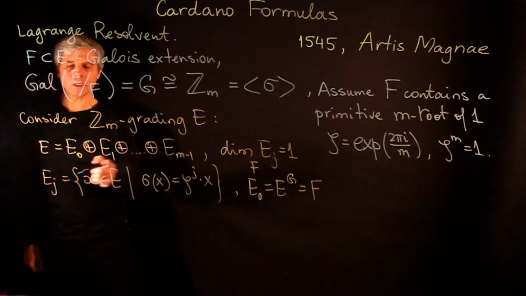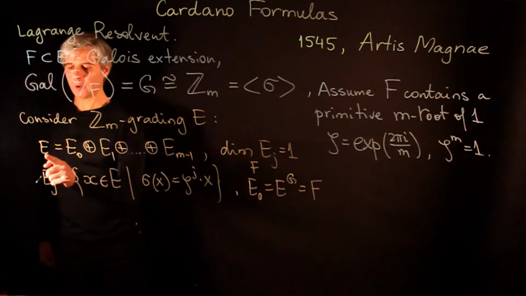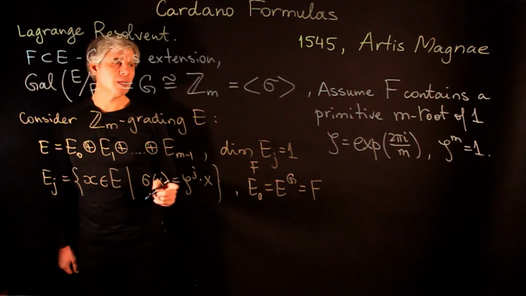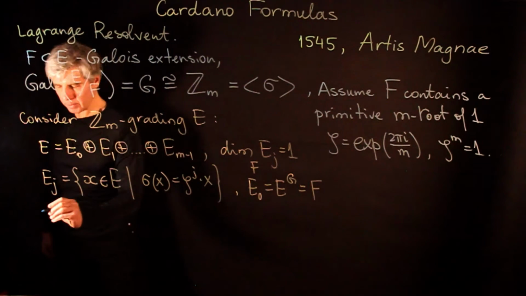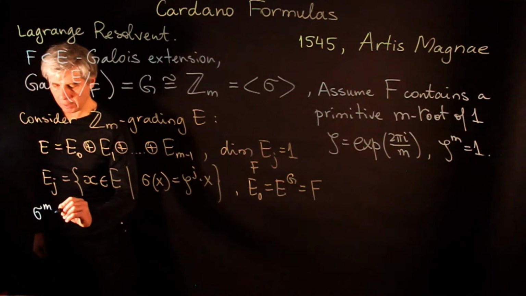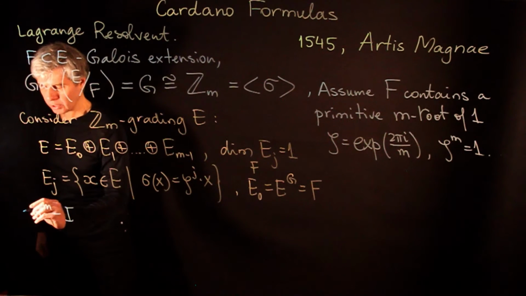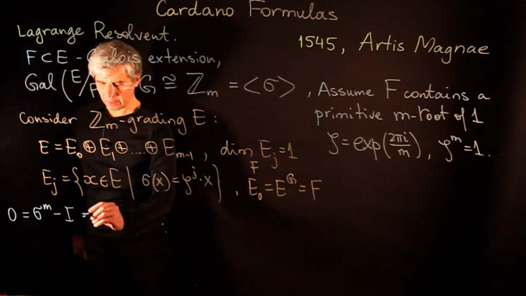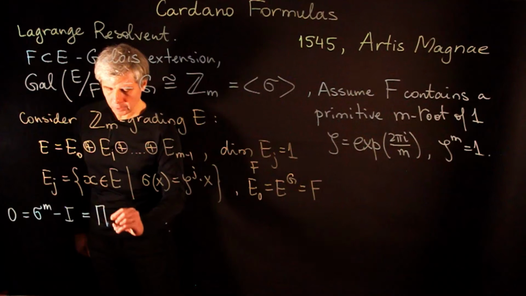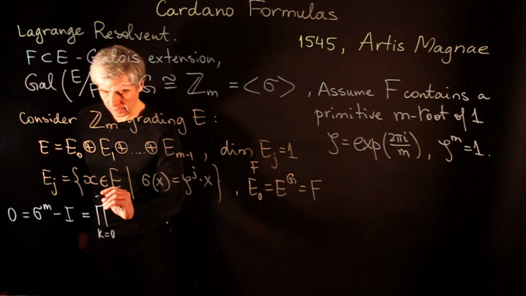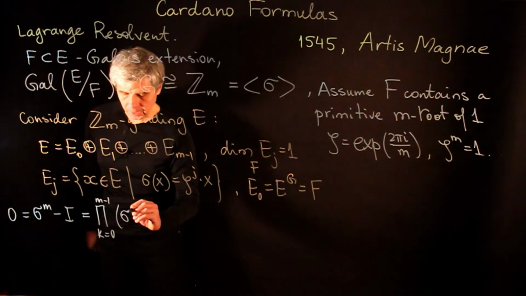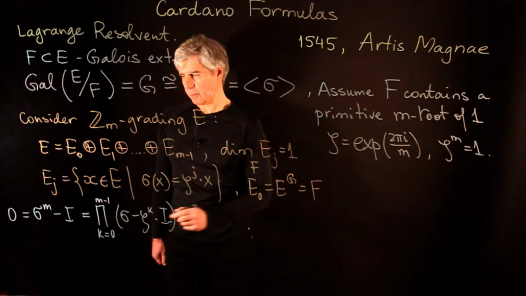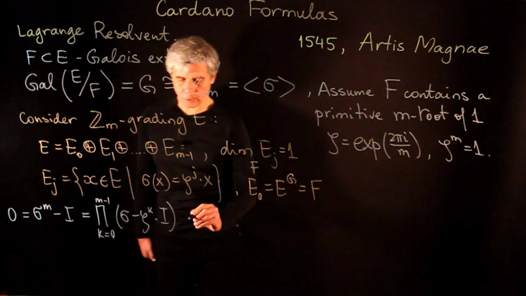What we would like to do is to construct projection operators from the space E onto each of these components. Operator sigma has order m, so sigma to the power m minus identity is, of course, equal to 0. But then this expression may be factored over F as the product, k goes from 0 to m minus 1, of sigma minus zeta to the power k times identity. But we can also factor this expression over rationals.